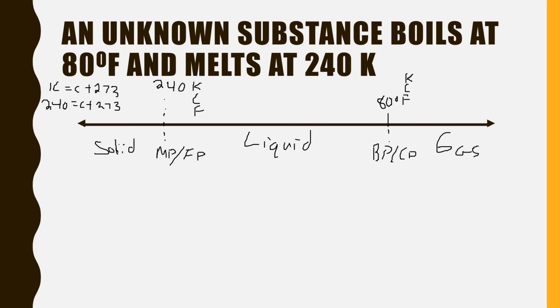It's going to be negative 33. And now that I know the Celsius, I can say Fahrenheit equals 1.8 C plus 32. But the C is actually going to be negative 33. So F equals 1.8 times negative 33 plus 32.